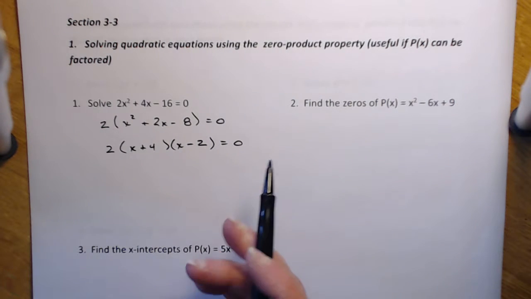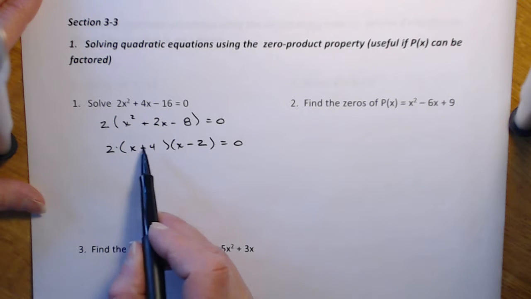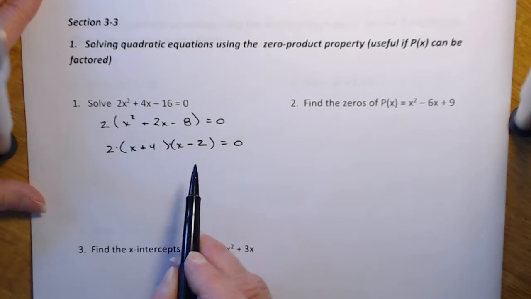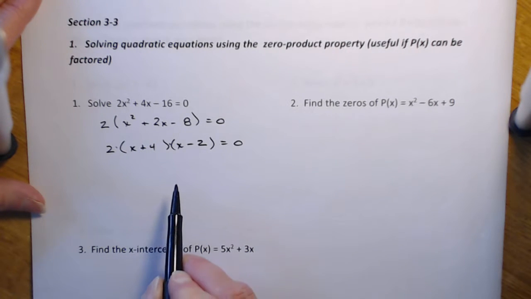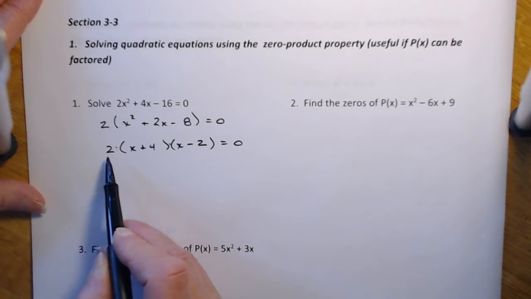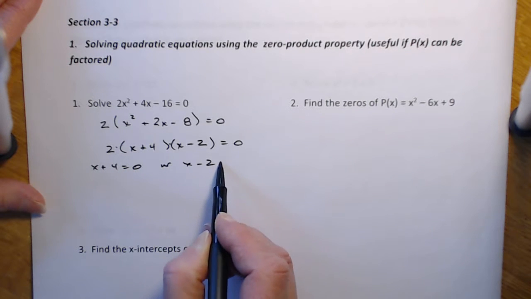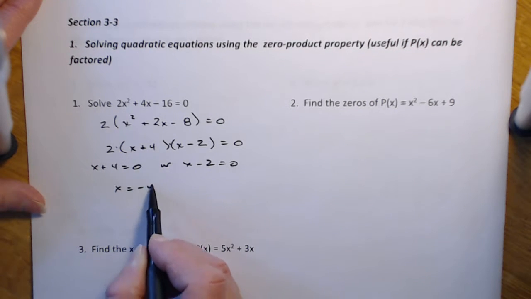Since it did factor, the zero product property is working well. There's actually three factors here, three parts being multiplied, where factor means expressions being multiplied, which means the only way this can be 0 is if one of these is 0. Well, clearly 2 can't be 0, so either x plus 4 is 0 or x minus 2 is 0. So that gives us two solutions.